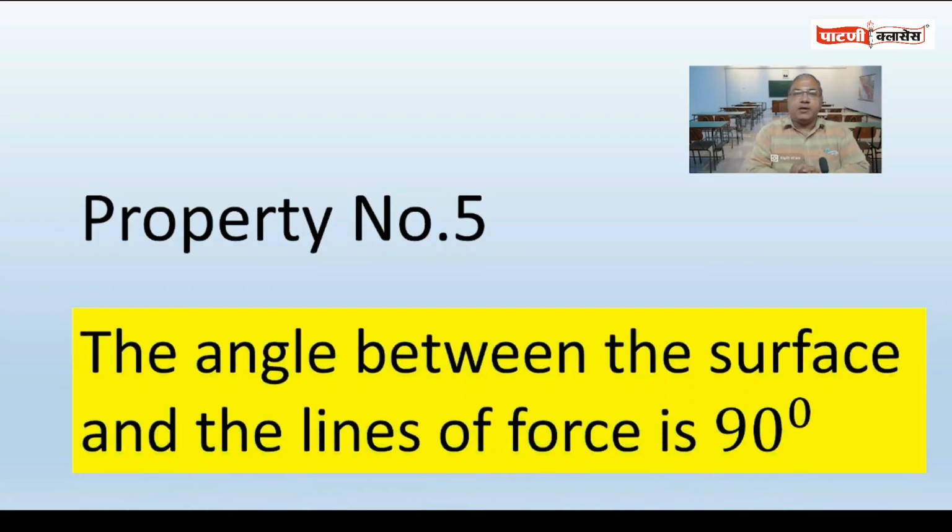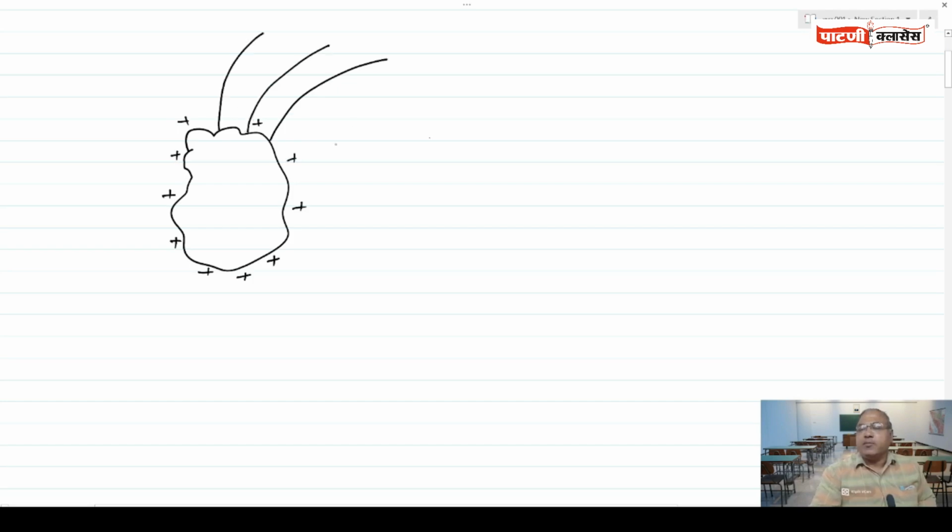The next property: the angle between the surface and the lines of force is always 90 degrees. Suppose it is an equipotential surface and a positively charged body, and we know that from a positively charged body the lines of force come out.